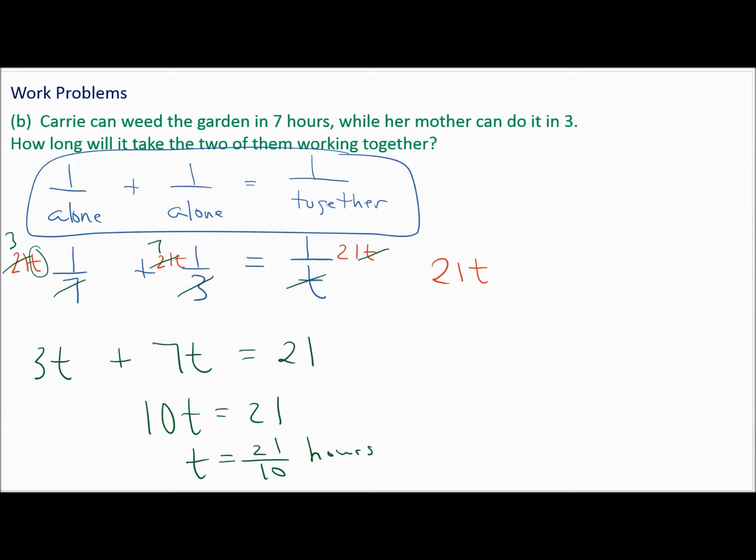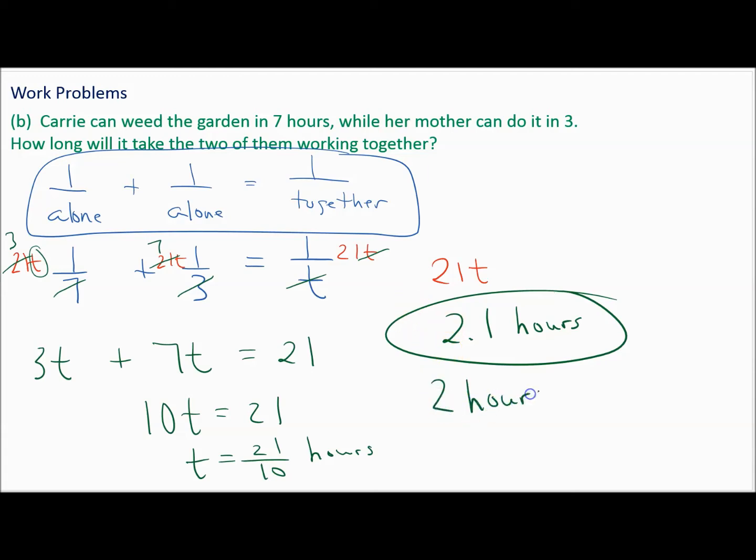So let's do both. If I do 21 divided by 10 in my calculator, that's going to give me 2.1 hours. So together they can weed the garden in 2.1 hours. But what if it said hours and minutes? Well, we know the 2 is the hours, but we have to change 0.1 to minutes.